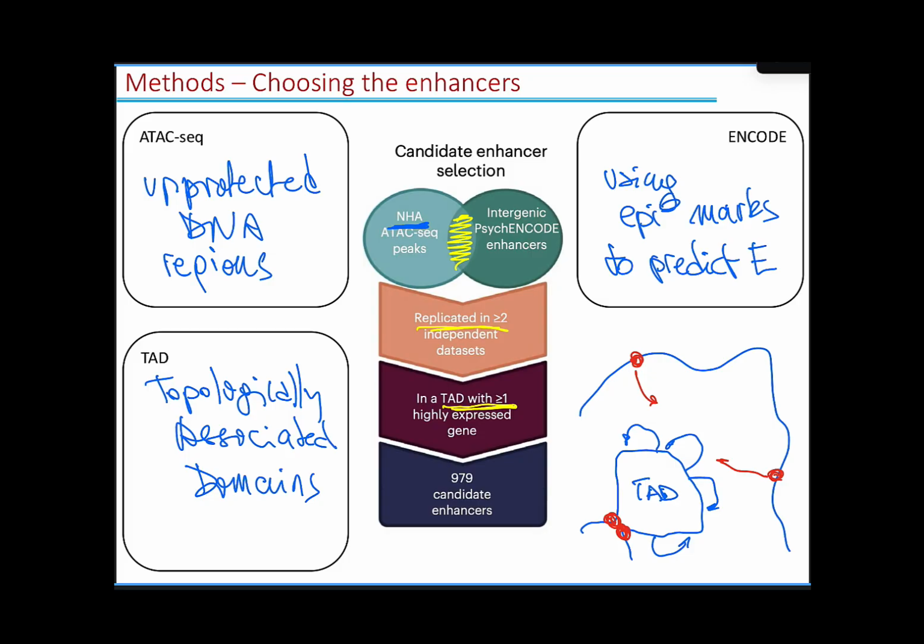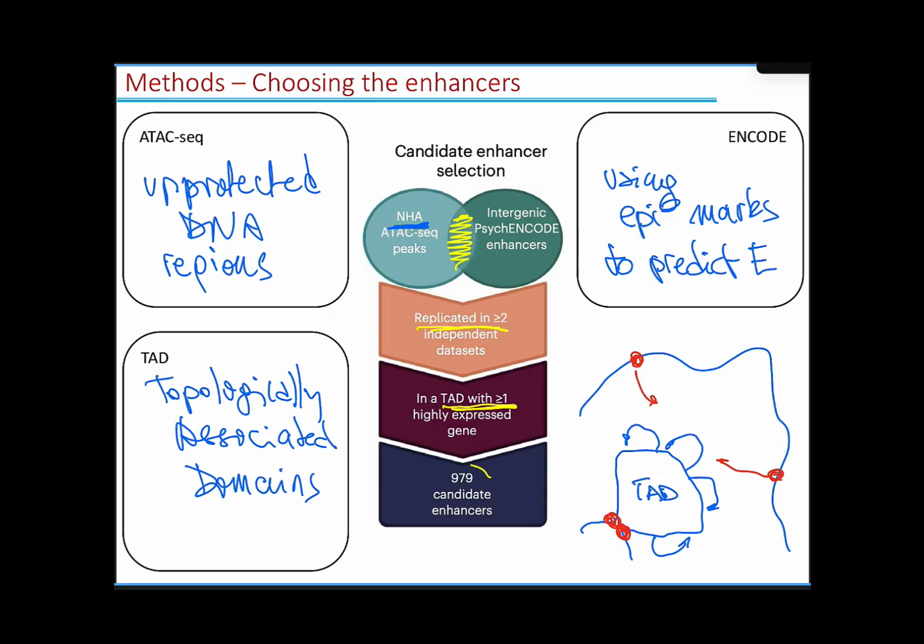Because sometimes what happens is these TADs end up being silent regions of a chromosome where nothing is expressed. So what would be the point of going after enhancers that are in completely silent regions? Chances are you're not going to find anything in them. But if at least one gene is highly expressed, then there is the hope that the enhancer may be operational in those.